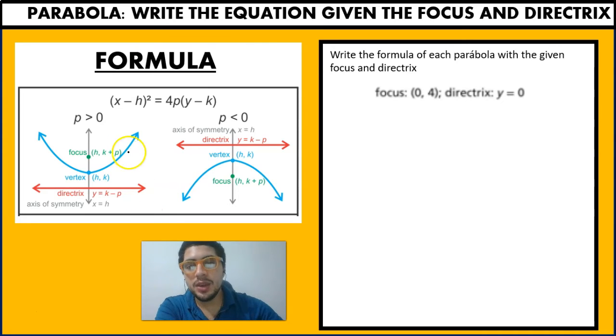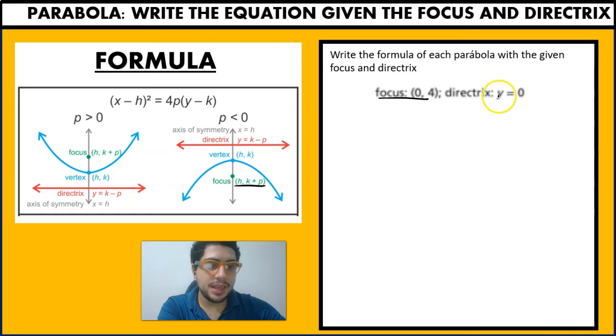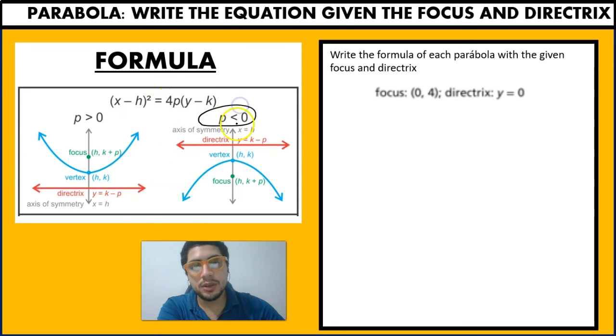Now guys, the formula for the focus in this case would be (h, k plus p), and then the directrix is y equals 0, which is equal to k minus p.